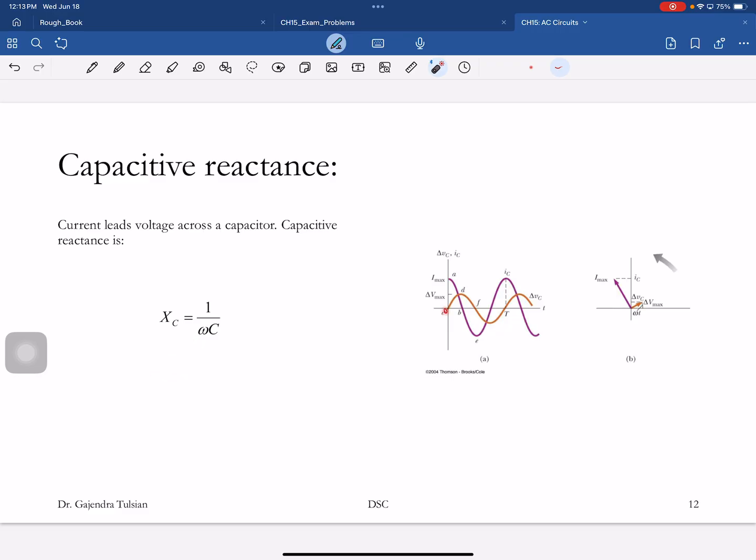Here's the voltage, and here's the current, which is 90 degrees out of phase. So the phasor for the capacitor is 90 degrees ahead of the voltage phasor, and these things are rotating at angular speed omega, and the instantaneous value is just the y components.